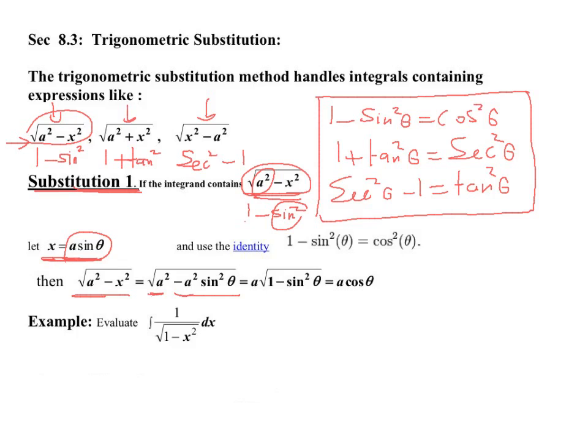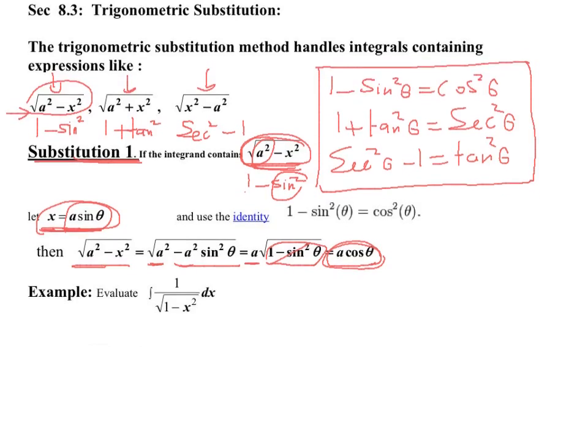A square is a common factor outside, so under the root we are going to have 1 minus sine square, which is cosine square. Root of cosine square is cosine. Which means if we take this substitution, the root will become a cosine theta, which is very easy to integrate.